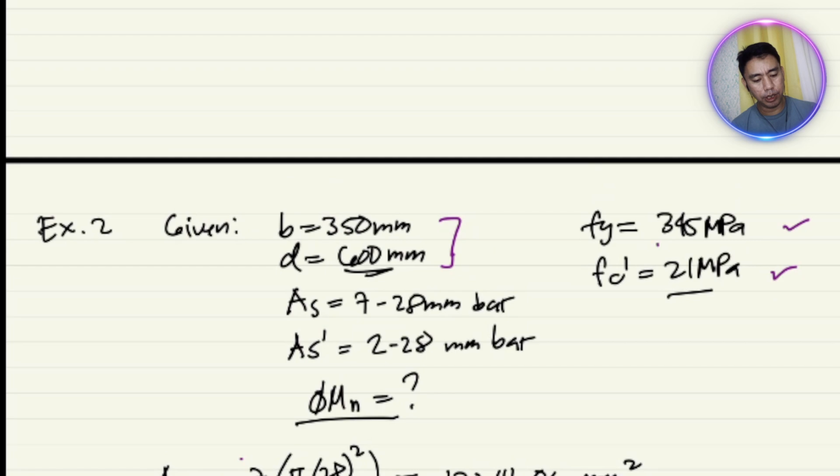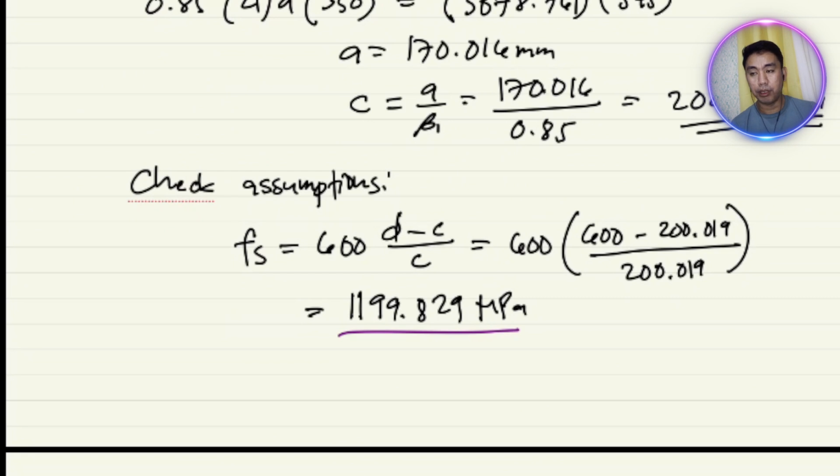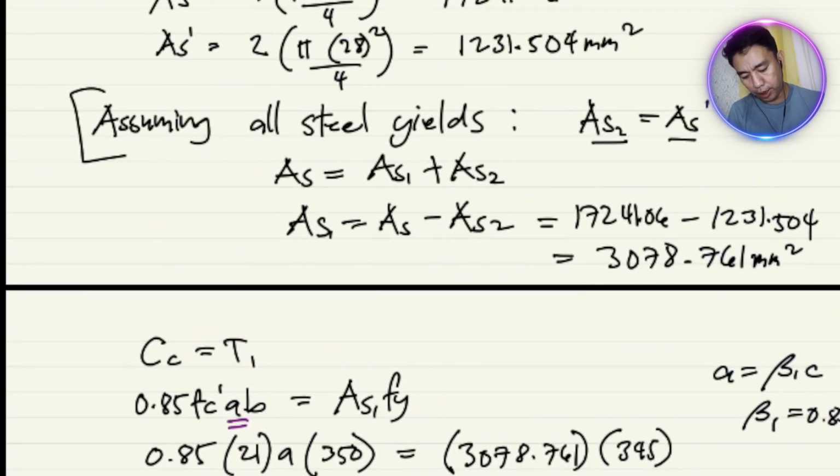Ang Fy natin is only 345, while this one is 1,199.829. Okay? So that means this is greater than Fy. So that means tension still yields. Right? Now, let's see. So, correct yung assumption natin. Ang assumption natin is all still yield.